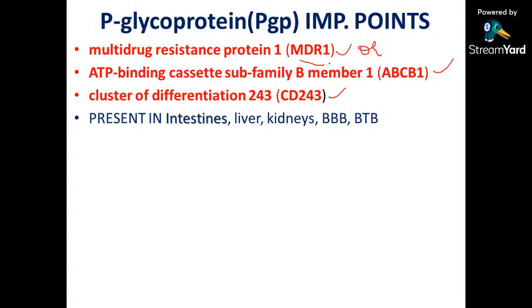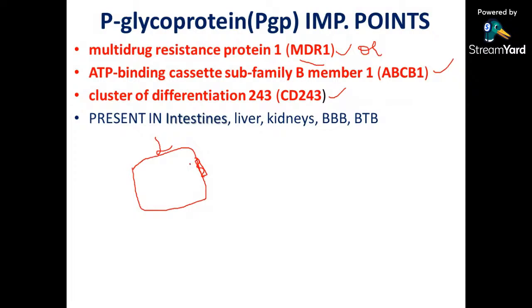So what is the importance of this P glycoprotein? Actually, see, we have some tissues. For example, let me take one cell of the liver. Just imagine this is a cell of liver, a hepatocyte. On hepatocytes, we have some specific transporters, some specific proteins.